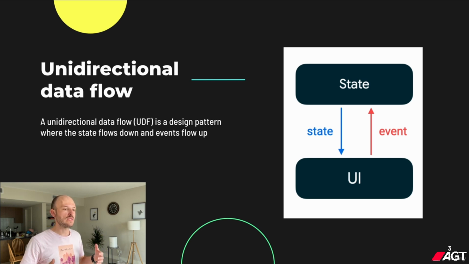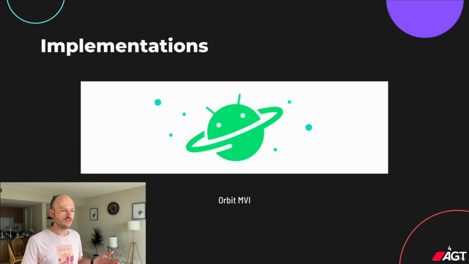Because composables accept state and expose events, the unidirectional data flow pattern fits well with Jetpack Compose. A unidirectional data flow is a design pattern where the state flows down and events flow up. By following UDF, you can decouple composables that display state in the UI from the parts of your app that store and change state.